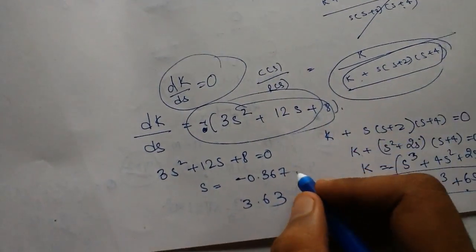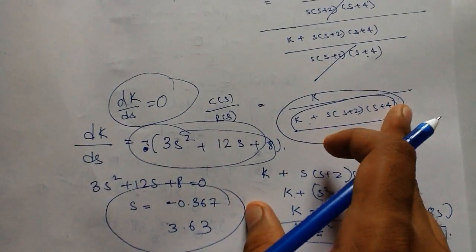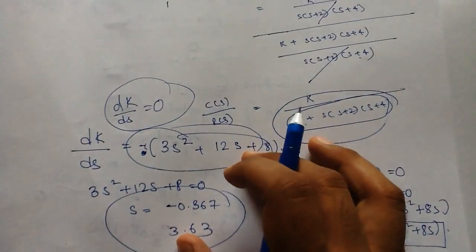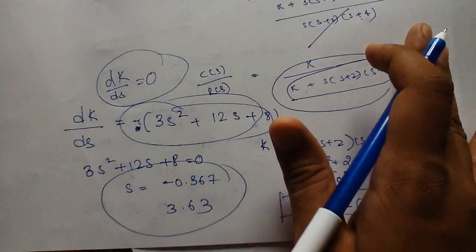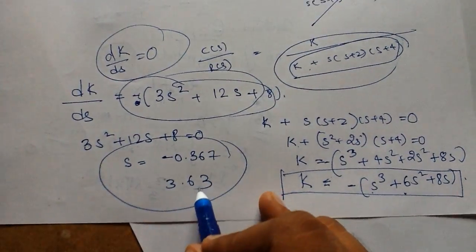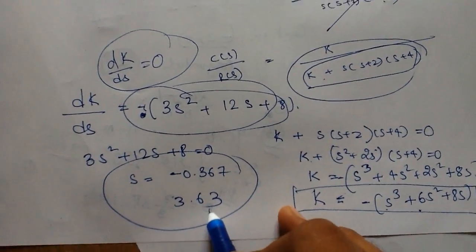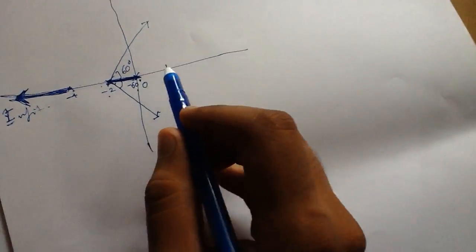After finding out both the s values, remember, not both the values are the breakaway points. You need to find out how. Take 3.63 for example, and look at your root locus.